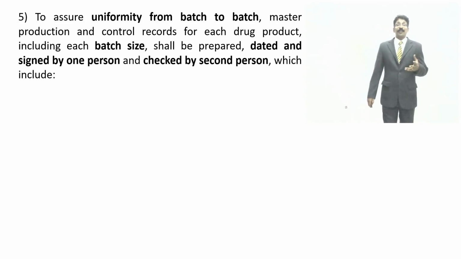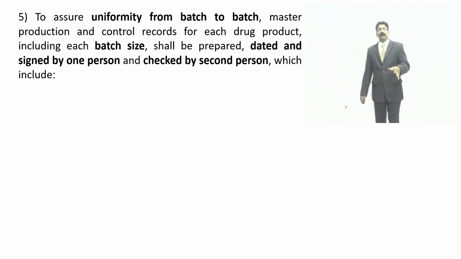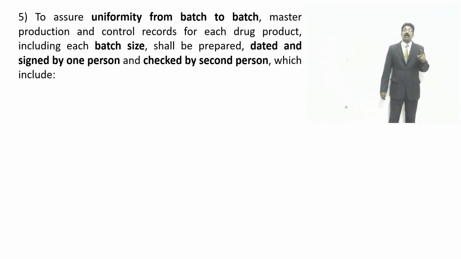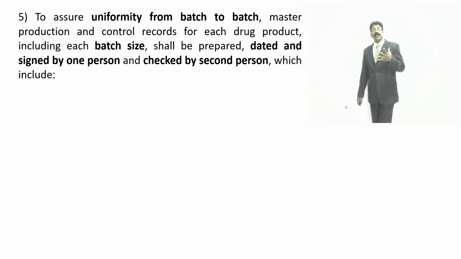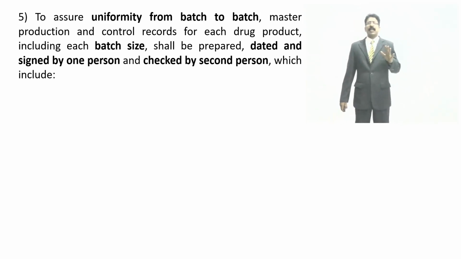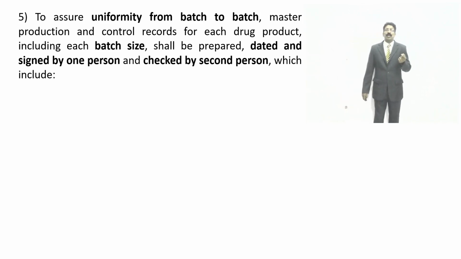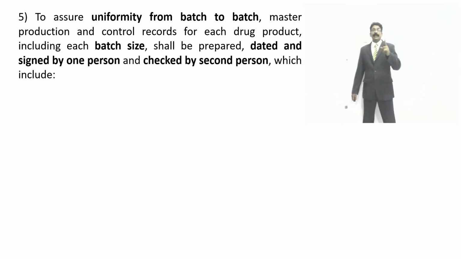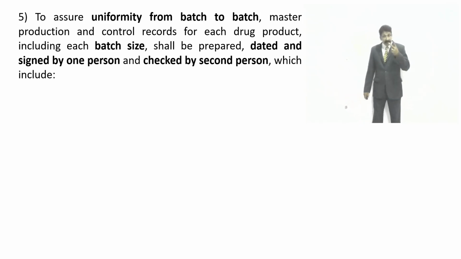To assure uniformity from batch to batch in maintenance of the record, master production and control records for each drug product, including each batch size, shall be prepared, dated, and signed by one authorized person and checked by a second person.